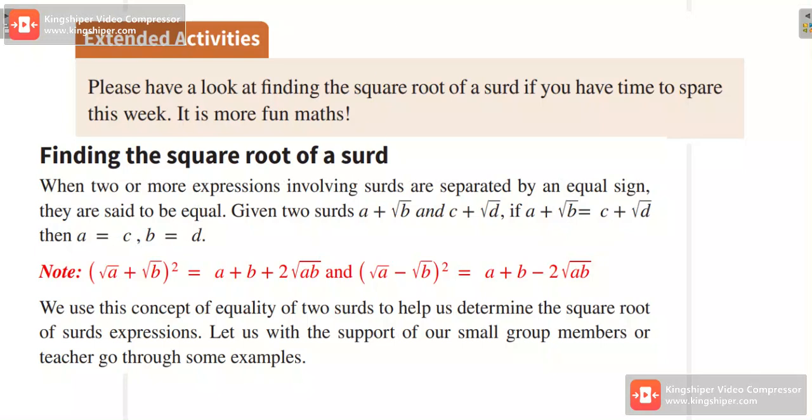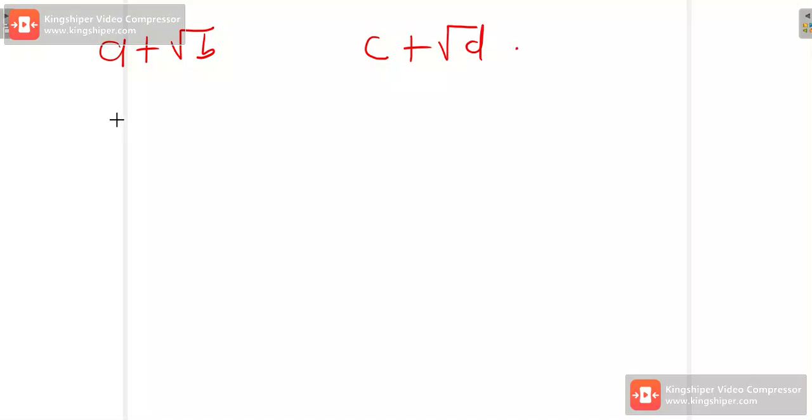So let me make this clear. Let's say we have a set a plus root of b, and we also have another set which is c plus root of d. Now, if we state that a plus root of b is equal to c plus root of d, this is called equality of a set.